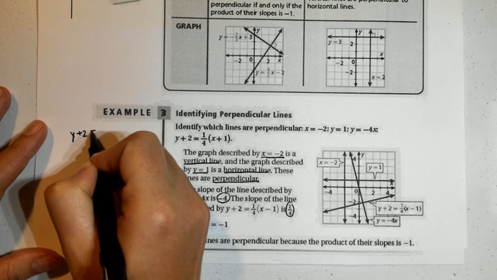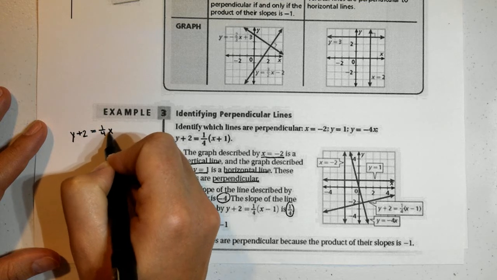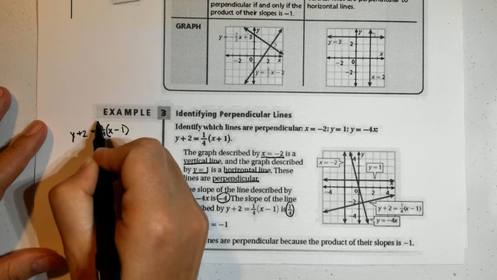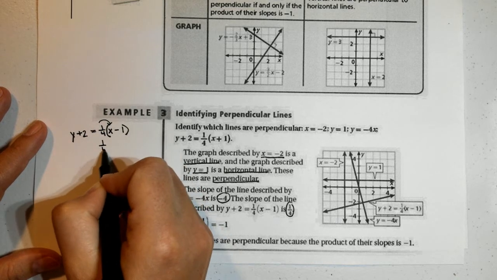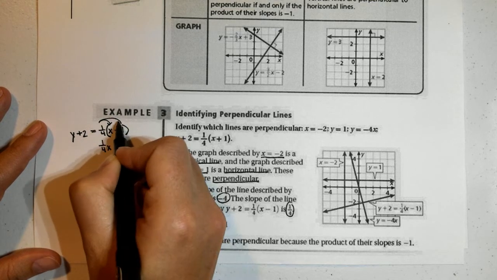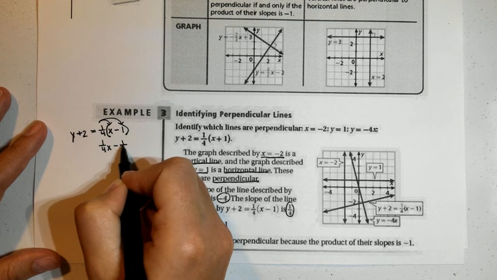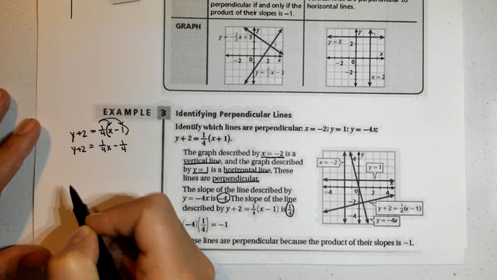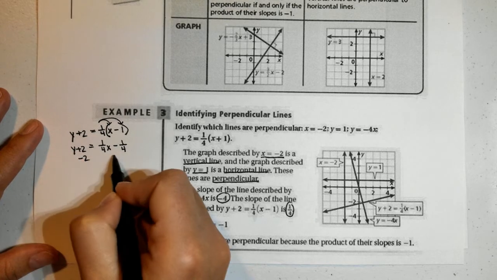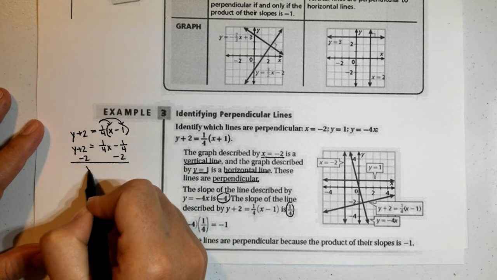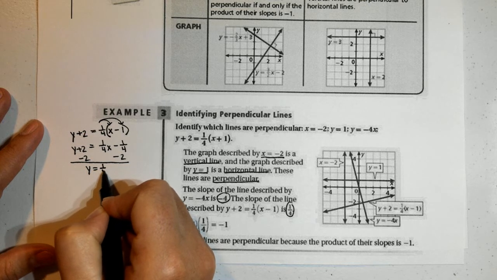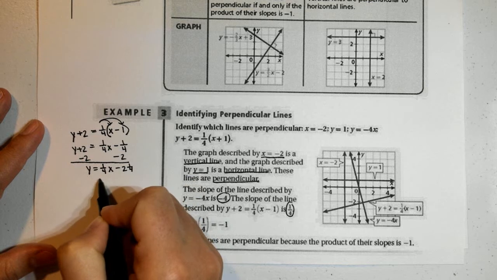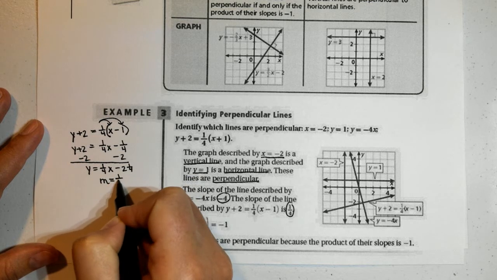I'm going to distribute that 1/4. So we get 1/4 x, and then 1/4 times 1 is 1/4. So y plus 2 equals 1/4 x, and then subtract 2 from both sides. So y equals 1/4 x minus 2 1/4. So your slope here is 1/4.